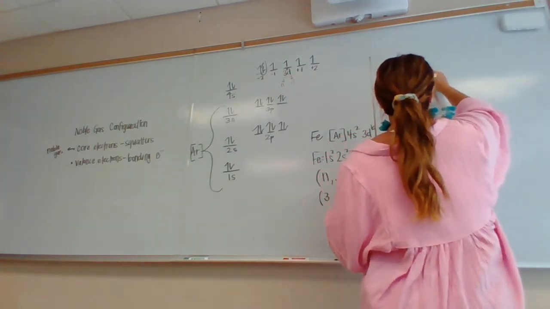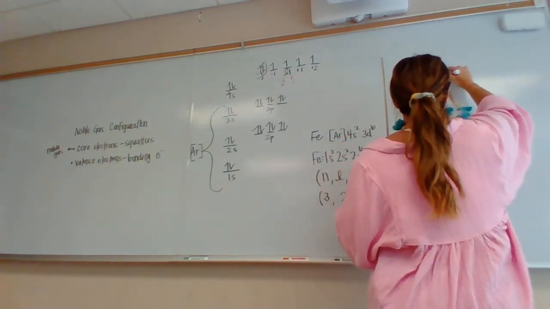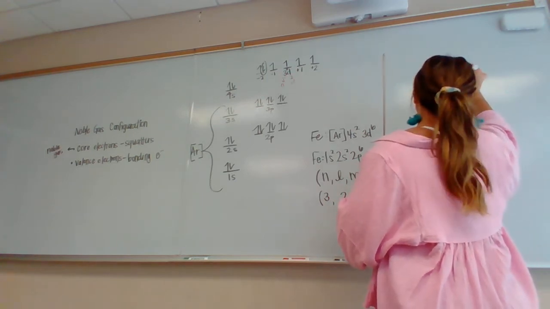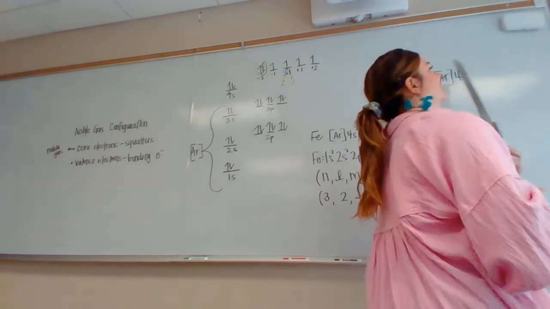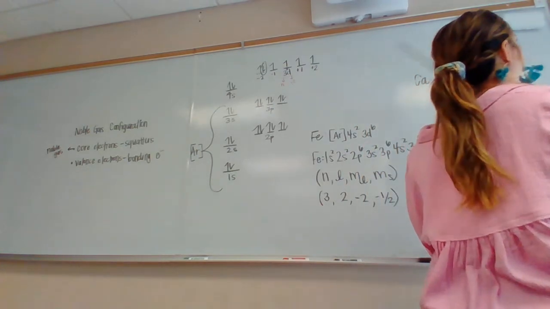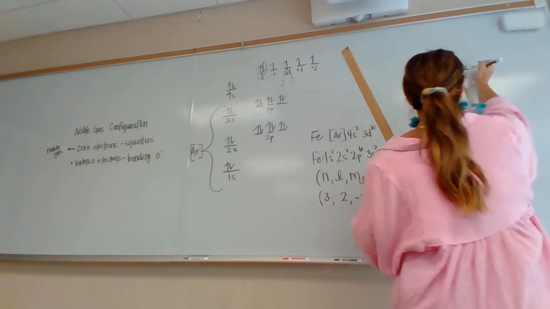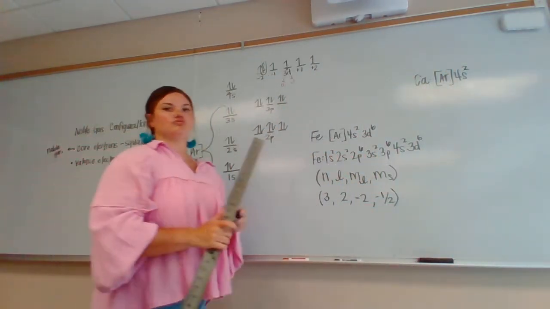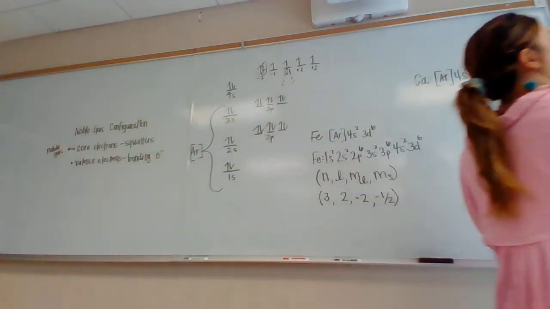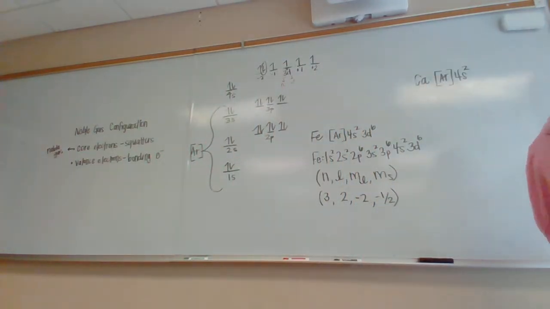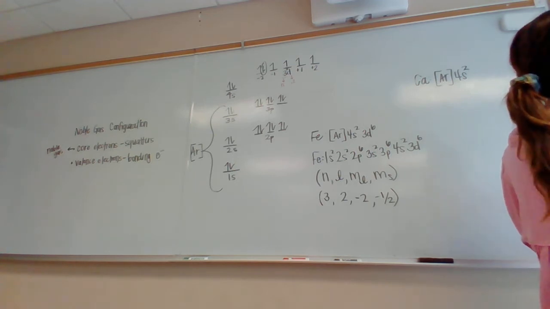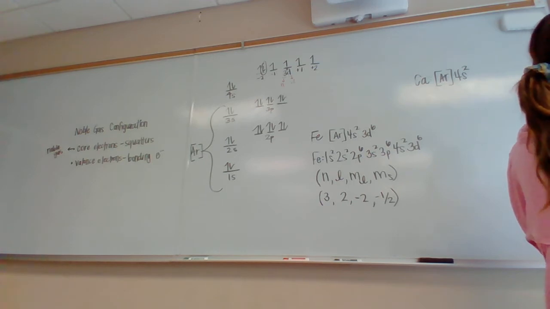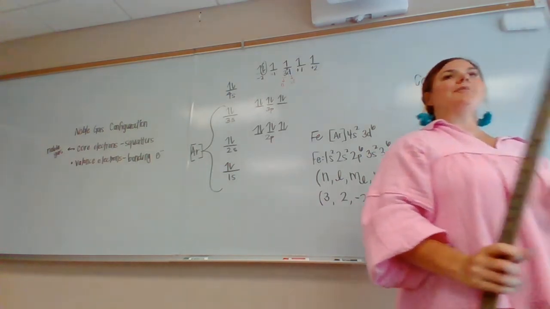So it'd be Ar, then what orbital am I in? 4s, and I go over 2 places, 1, 2. So calcium would be Ar 4s2. Go to argon, and then I went 2 places: this is the s block, so 4s, 1, 2.